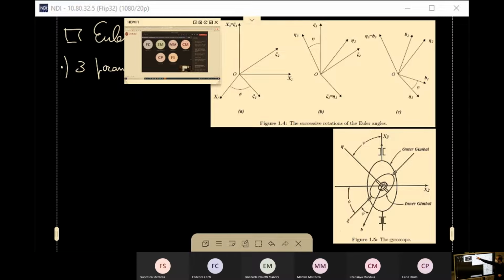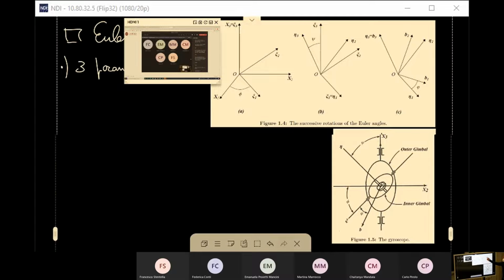So we have b1, b2, and b3, and x1, x2, x3. Initially, they coincide. Then you have a rotation of an angle phi about the axis x3, and so you reach the intermediate orientation, which is defined by the axes x1', x2', and x3'. Then what you do is rotate again your frame about the axis x1' of an angle psi.